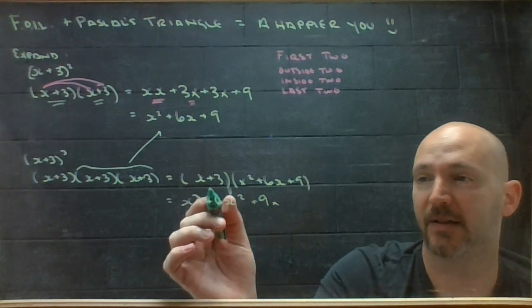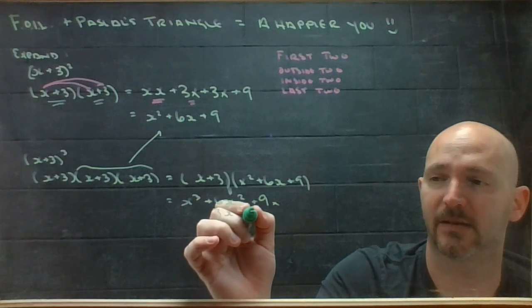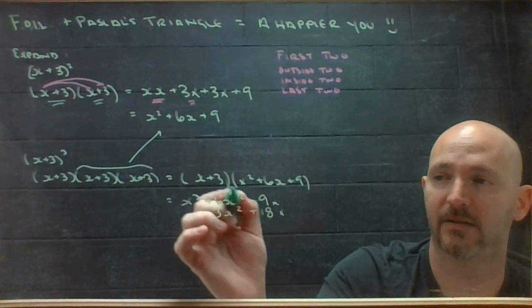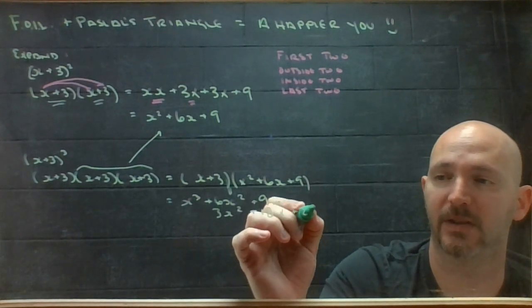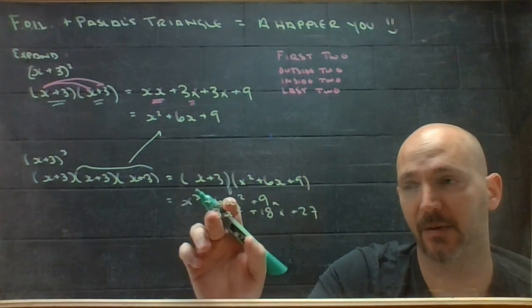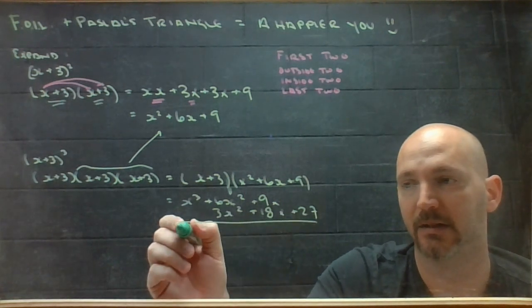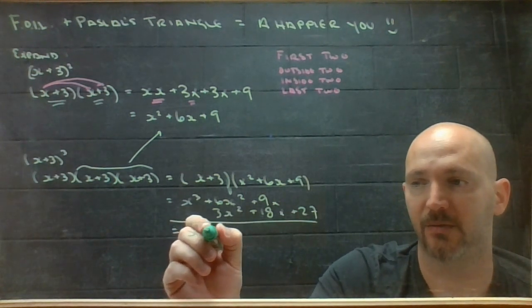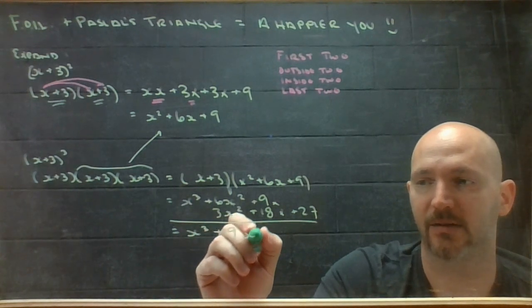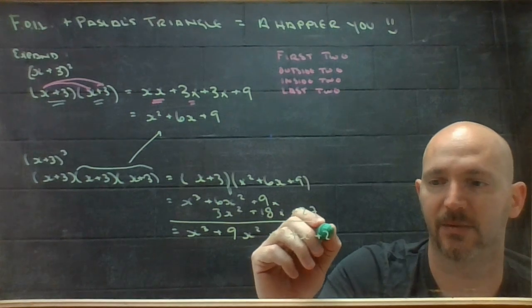A 3 with an x squared is a 3x squared. A 3 with a 6 is an 18x, and a 3 with a 9 is a 27. Now I stacked them that way because I can see which terms I can gather then. This gives me x cubed plus 9x squared plus 27x plus 27.